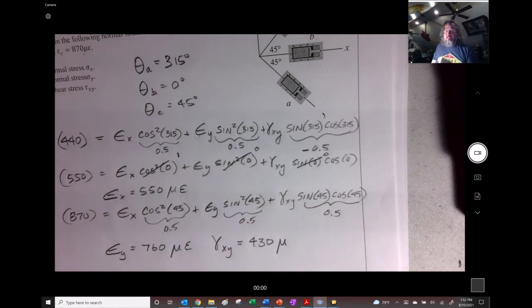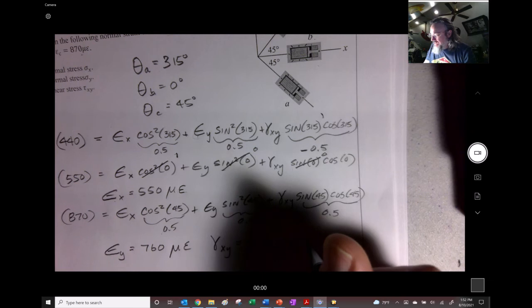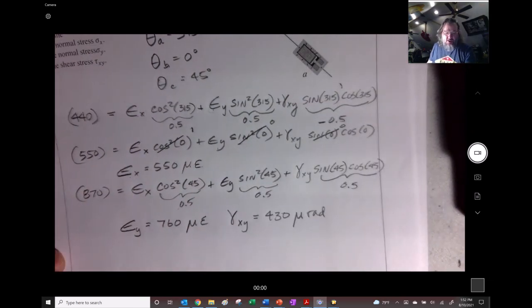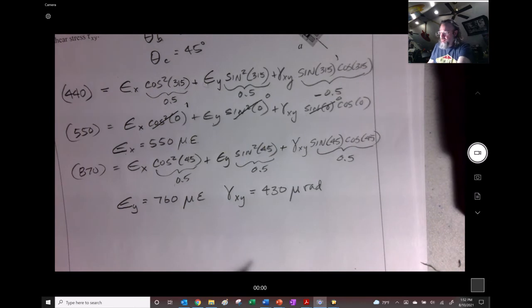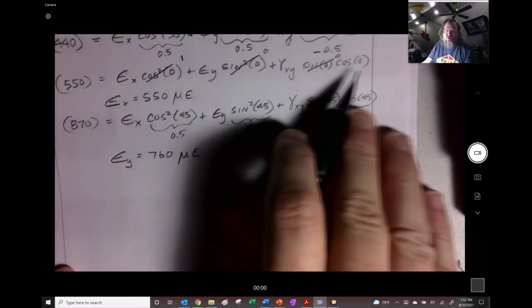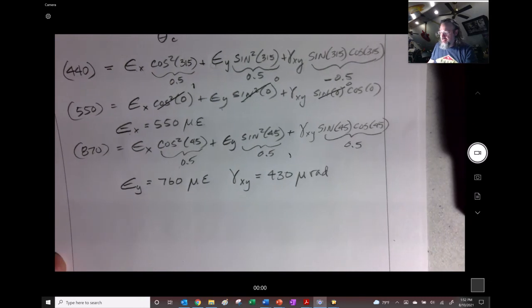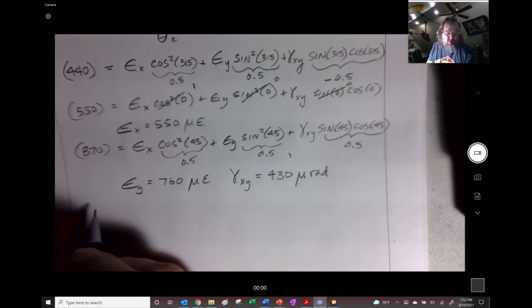And by the way, this one is actually microradians. So just to be aware of that. So now we have that right there. We just did the strain transformation, and we're able to get strains in the axes that we actually care about, in the directions we care about.